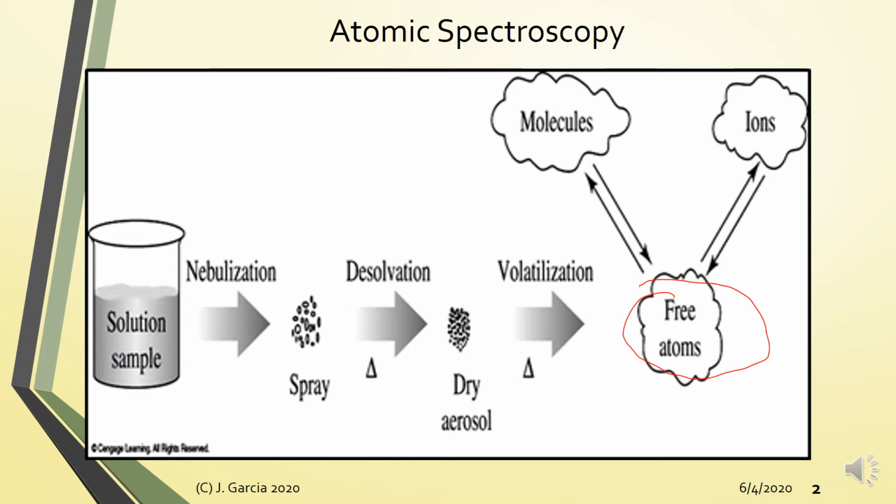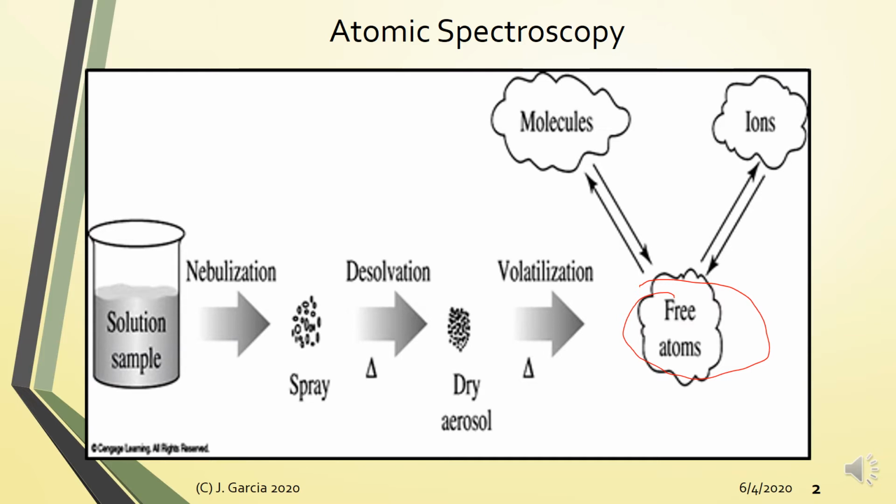So if you're doing absorption or emission measurements, the emission and absorption profiles for free atoms would be very different from that of molecules or of ions. Because remember, the absorption or emission of radiation is based on the energy levels contained in that particular substance.